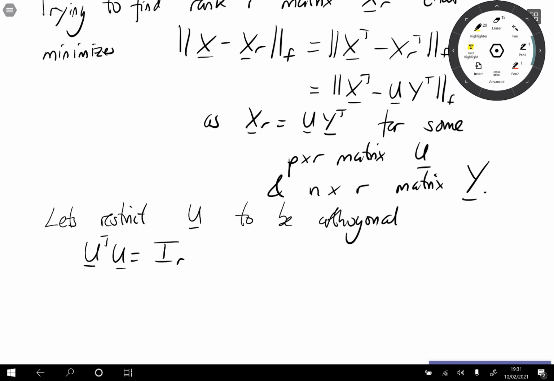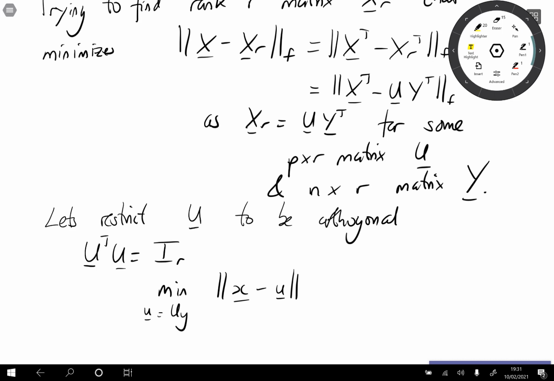So what we're doing here, how do we pick Y? Well, we know from the section on orthogonal projection that to solve the optimization problem, if X_R is of the form UY, we want to minimize the error between X and UY.